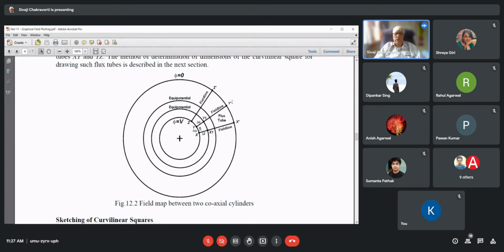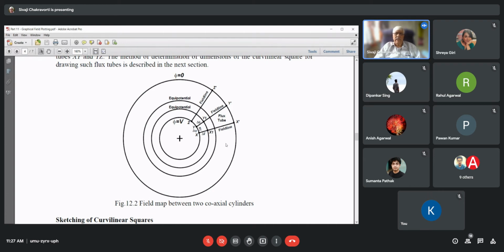Fine, up to that point it is fine. But then there is an interesting concept: since field lines are like this, if you take any other field line between X and Y, it will originate from the live electrode and terminate on the earth electrode, and it cannot cross another field line, because then the basic concept of orthogonality will be violated.